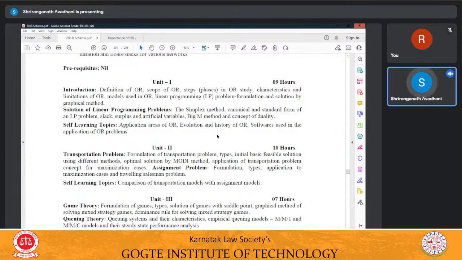Then the second part in this is assignment models. As compared to transportation models, assignment models are very easy, and you can attempt them at an early stage of your examination, because the problems based on assignments are very, very easy. Here we are going to study the formulation of assignment models, then application to maximization cases, and also the traveling salesman problem.